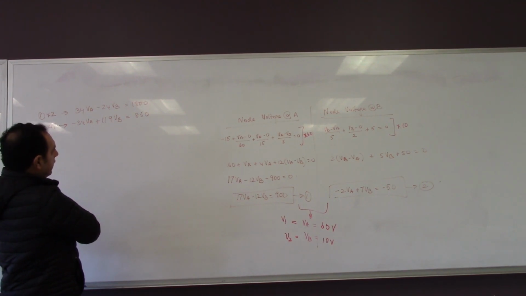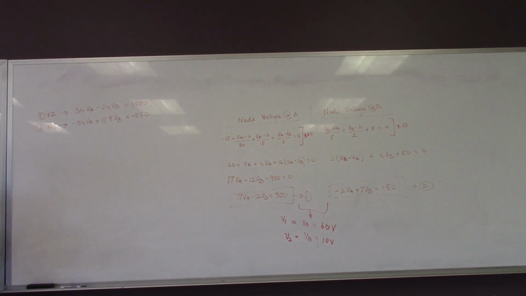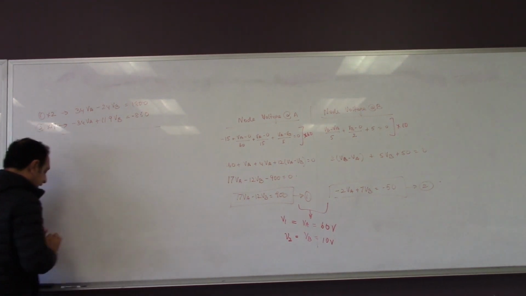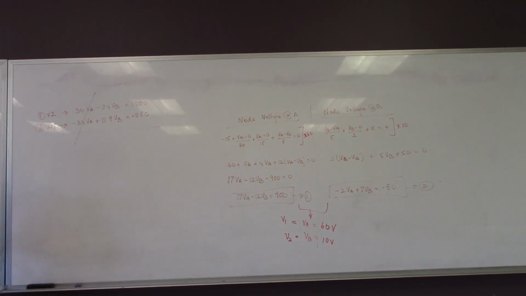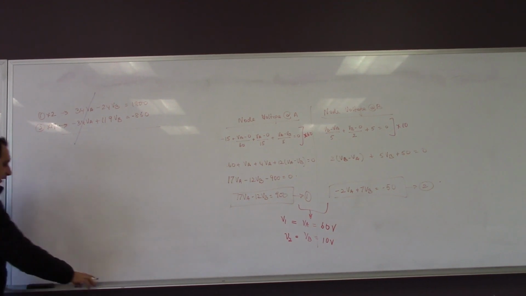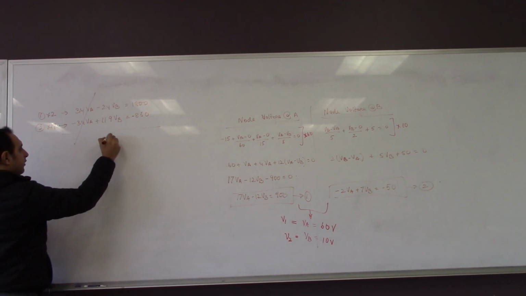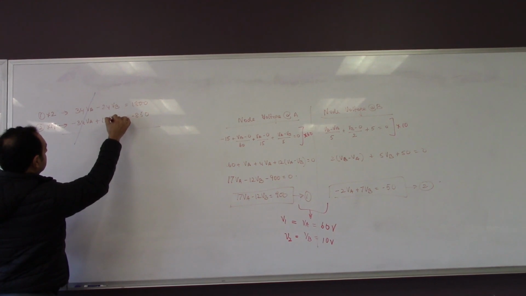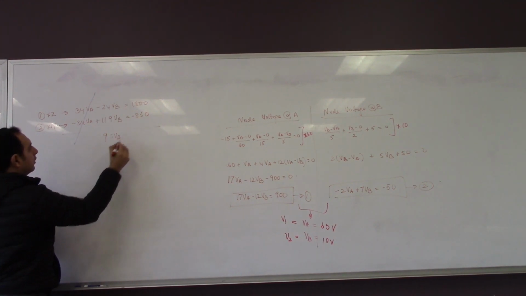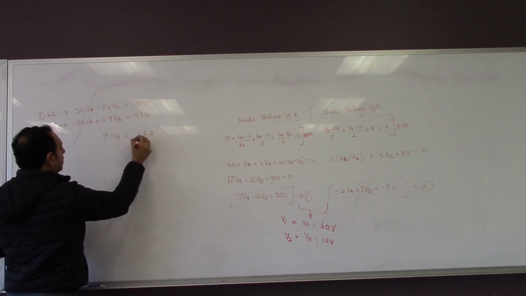Sixteen is 80, so 17 will be 85. Okay? All right, so then we add these two. When you add these two, minus 34 VA and plus 34 VA will cancel. So now you'll be left with 24, so that will be equal to 5 VB, and that is 17, right? So that'll be 950.